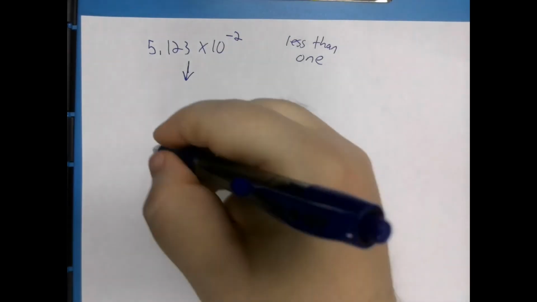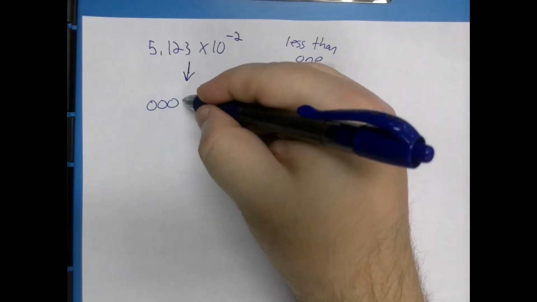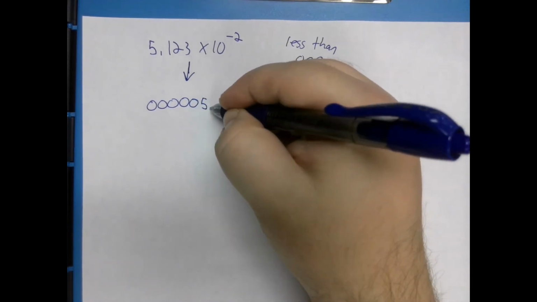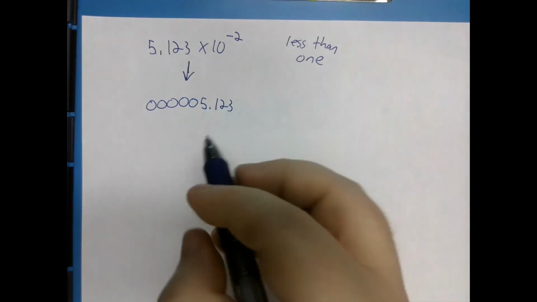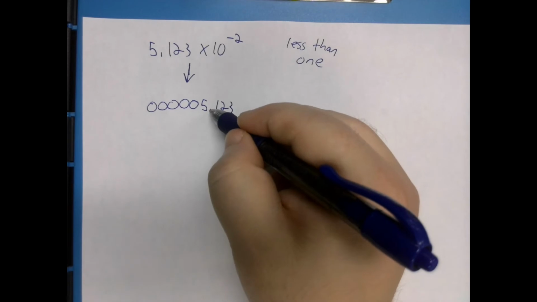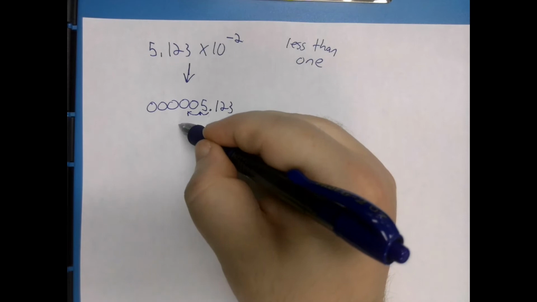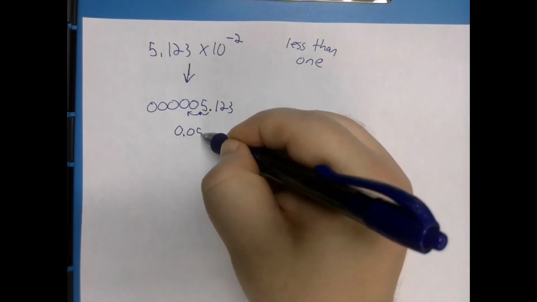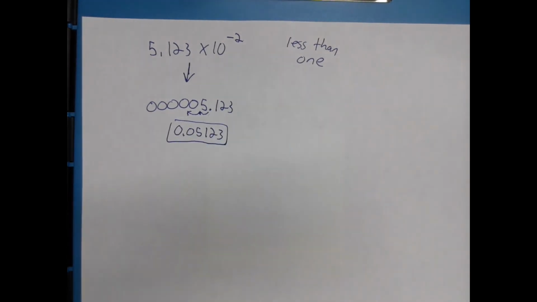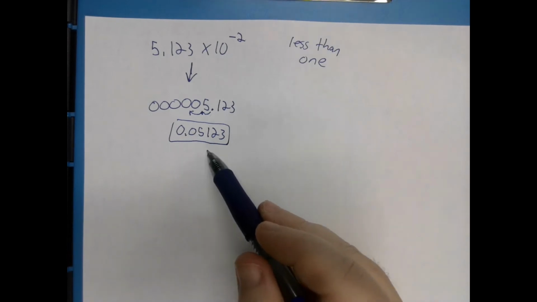So to convert this, I pad a lot of zeros in front of the number. I'm then going to move it that number of times. So move it 2 over, 1, 2, so it's going to be right there. 0.05123. So 5.123 times 10 to the negative 2 is equal to 0.05123.